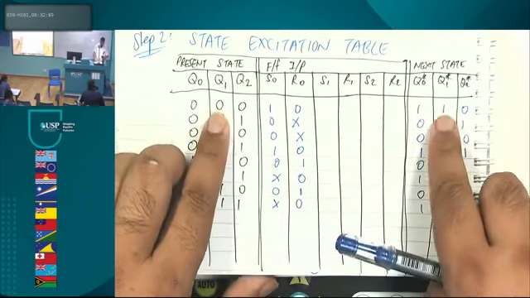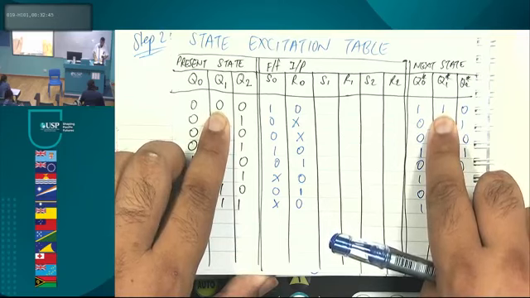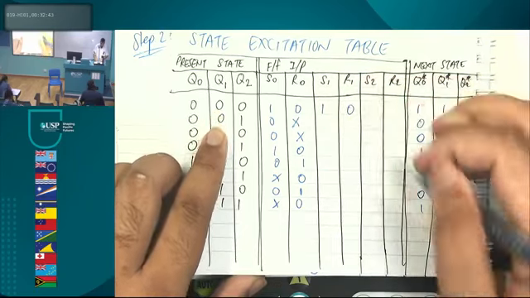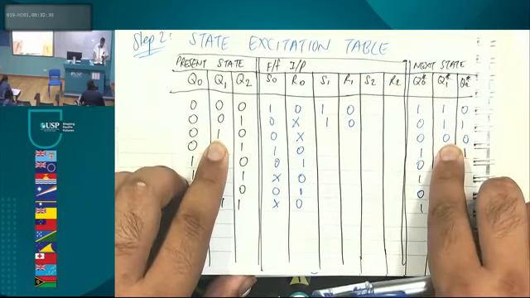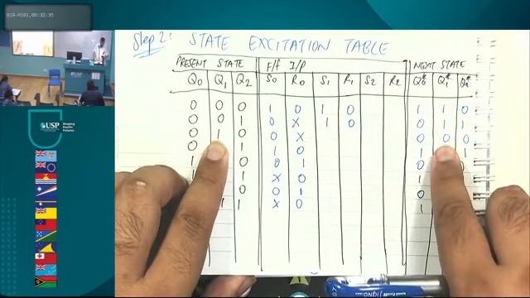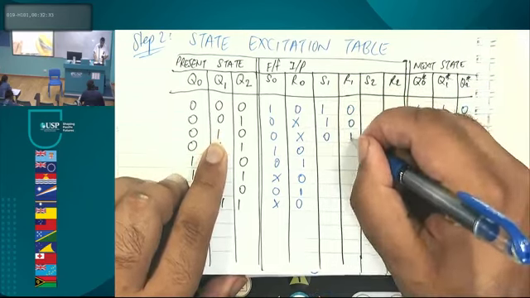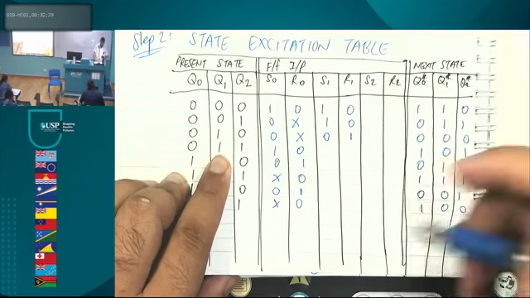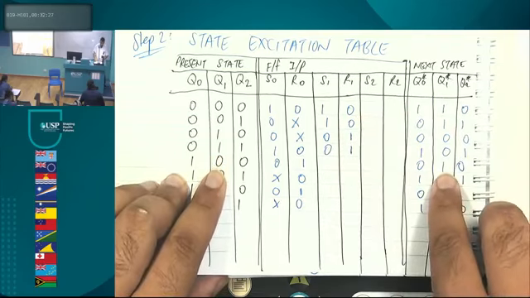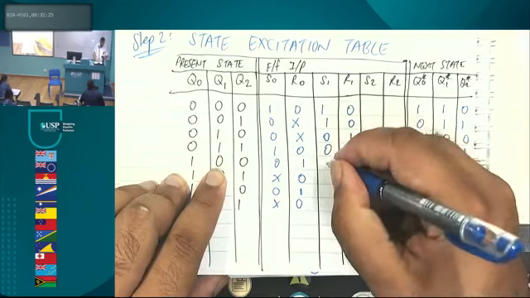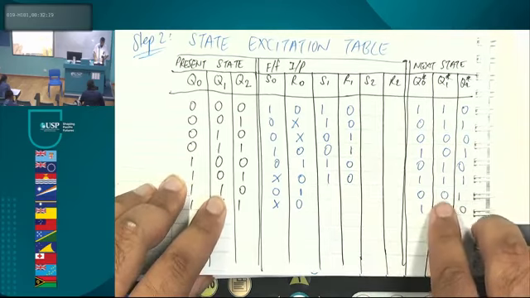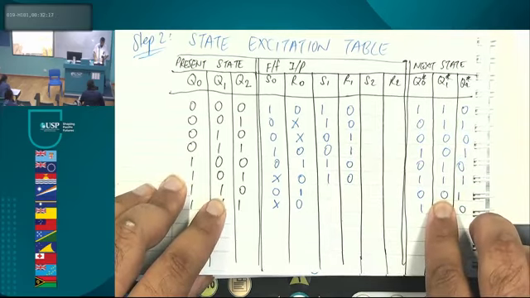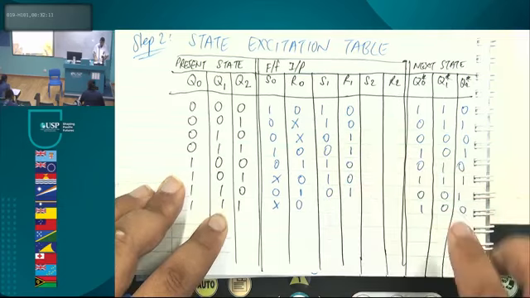Let's move to Q1. 0, 1. 0, 1. 1, 0. 1, 0. 0, 1. 0, 1. 0, 1. Sorry, 1, 0. 1, 0.